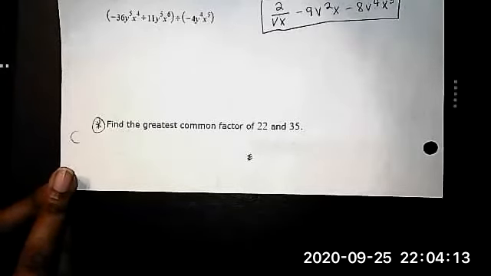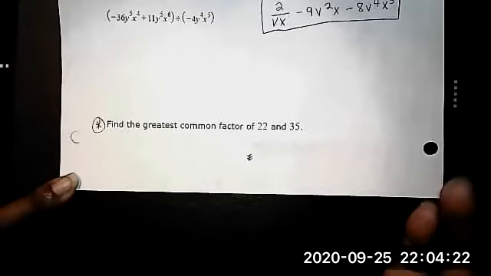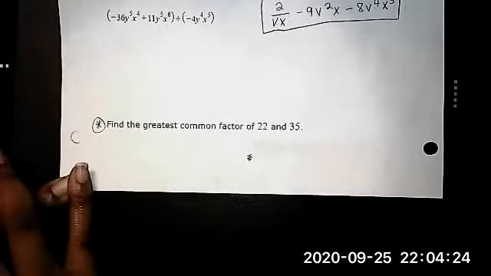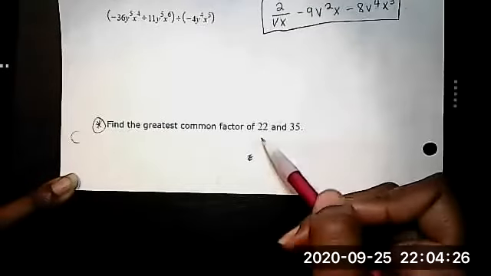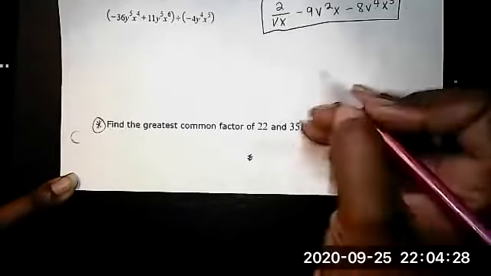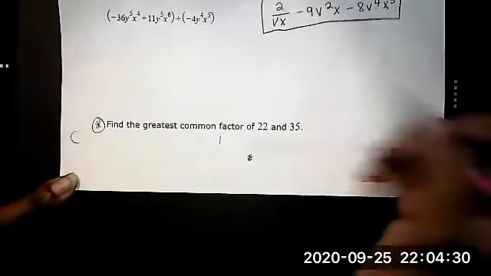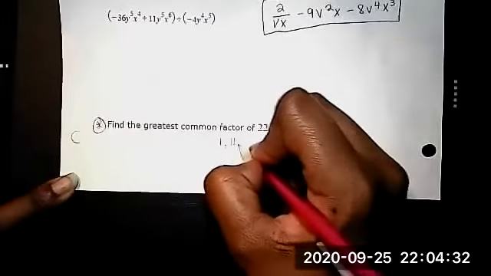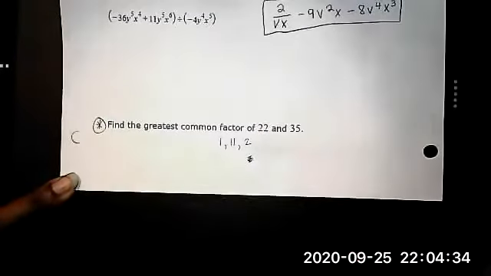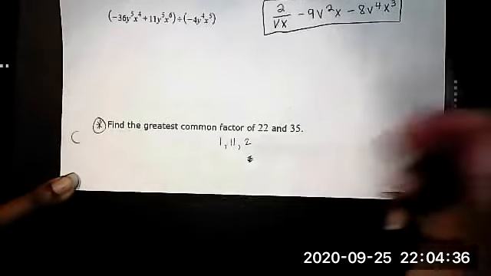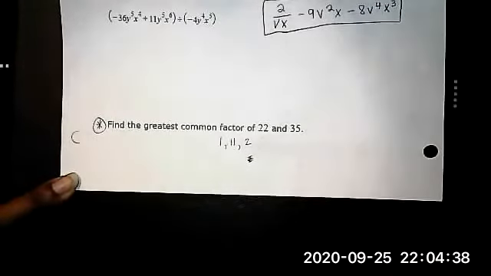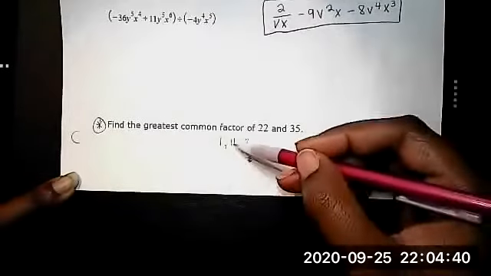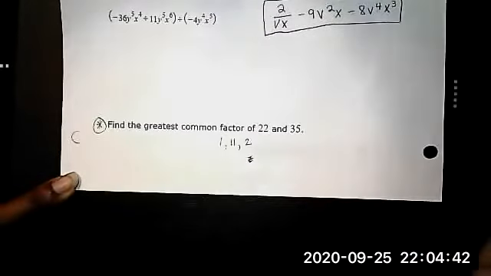So they want to see what's the greatest common factor. And basically a factor is two numbers that multiply to give you whatever number this is, okay? So in this case, our factors of 22 are 1, 11, and 2. Basically 1 is a factor of everything. 11 times 2 is 22.